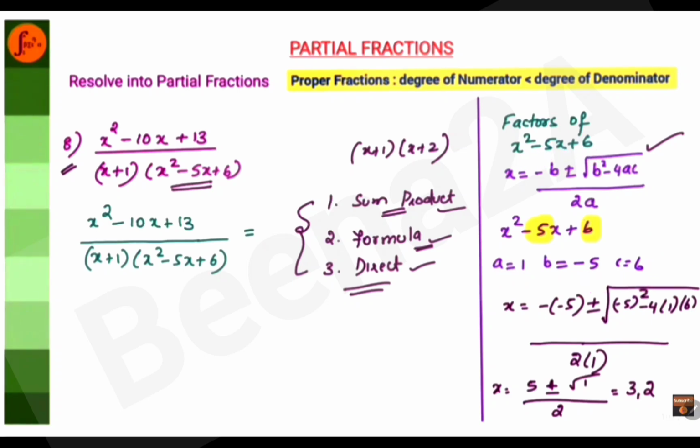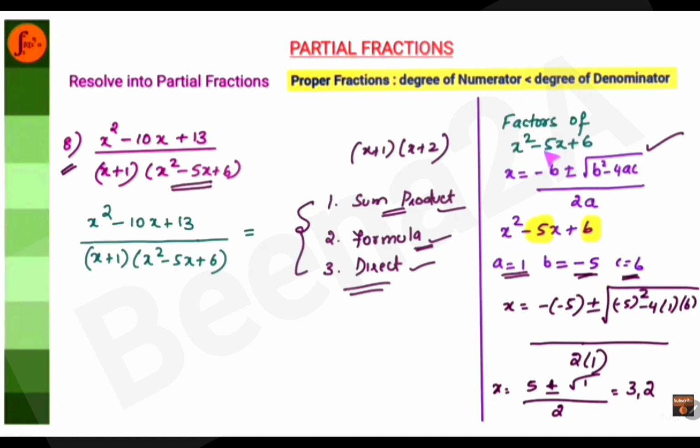So for example, in this case, the number next to x square is 1. So a is equal to 1. Number next to x is minus 5. So b is equal to minus 5. And then we have the constant, which is simply the number without x. And here c is equal to 6. So in this case, a is equal to 1, b is equal to minus 5, c is equal to 6.